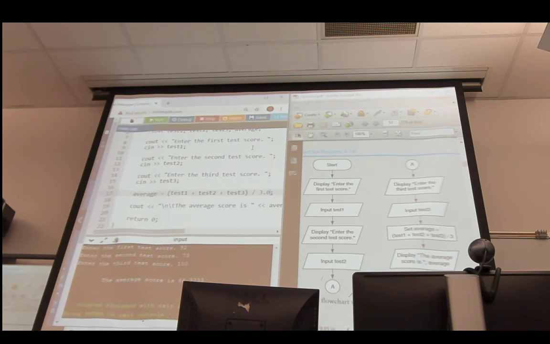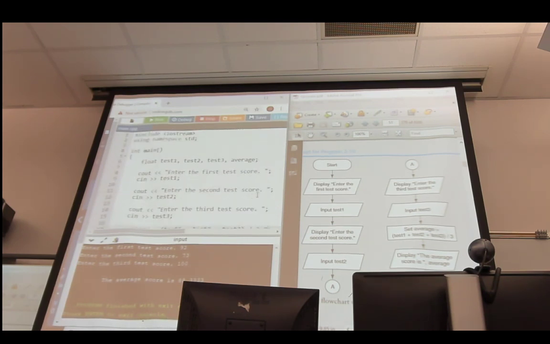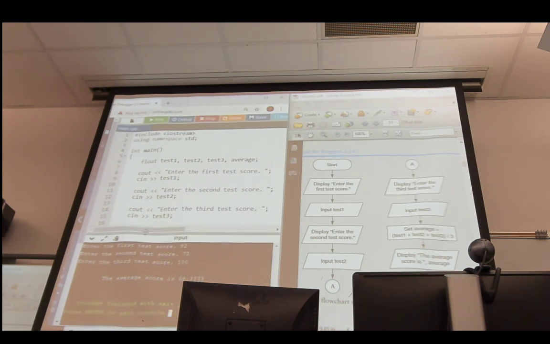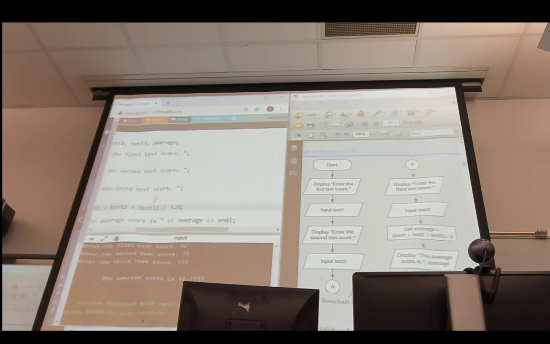Yes, ma'am. Did you have to add the 0.0 at the end of the 3 for it to keep the? Yes, ma'am. That goes into the next class where we talk about the precedence of the data type. I could have something as float data type, right?